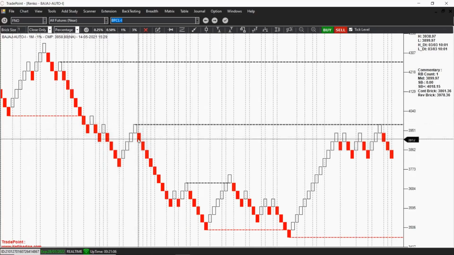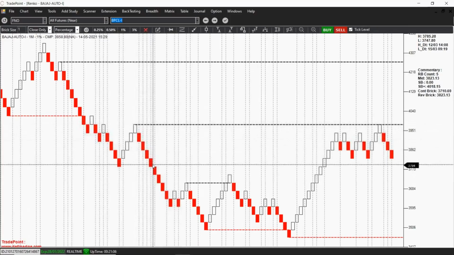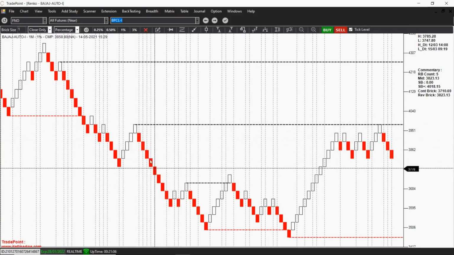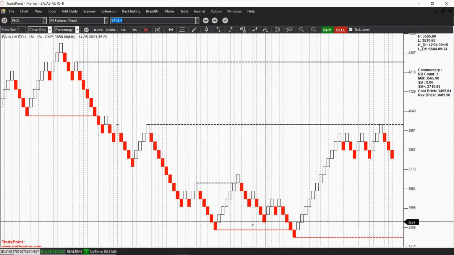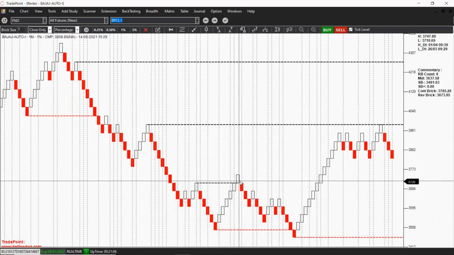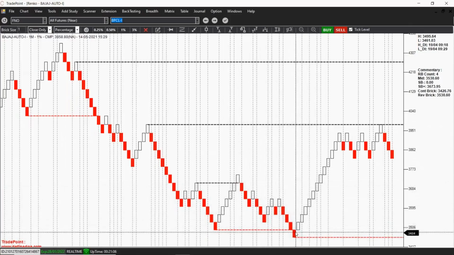So this is the top, and from here price reversed more than 5 breaks. So this is a resistance line, and it will be extended towards right. So here the resistance line was broken, here support was broken, but price immediately reversed after it.